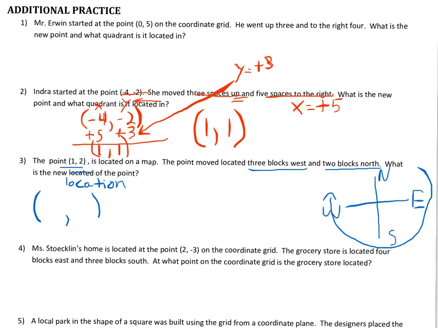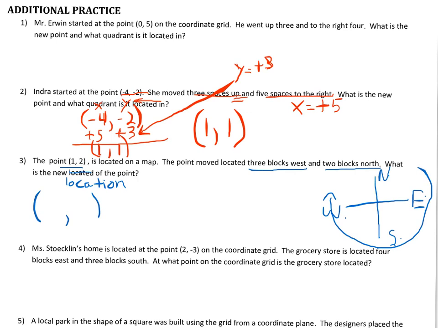I know a lot of students use never eat soggy waffles. Whatever you want to do to memorize that, you need to remember north, east is to the right, south, west. North, east, south, west.